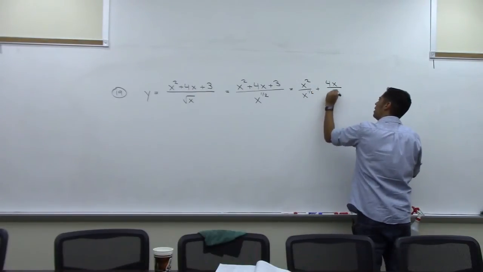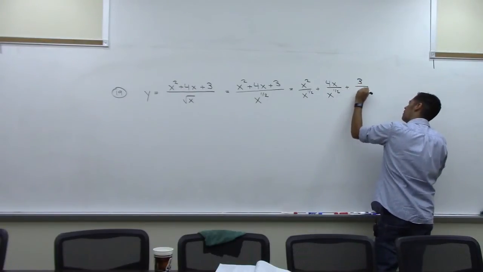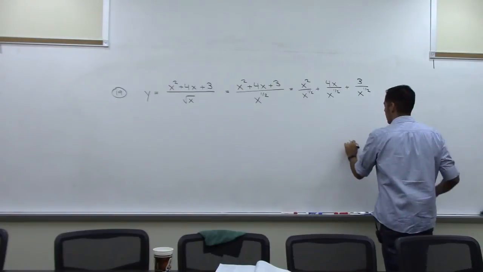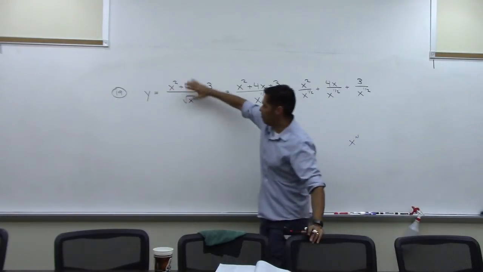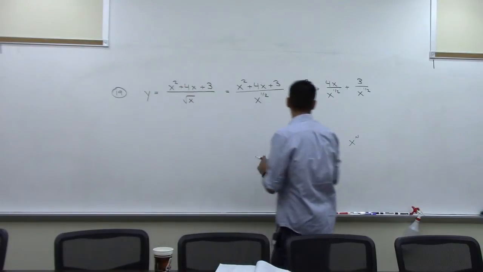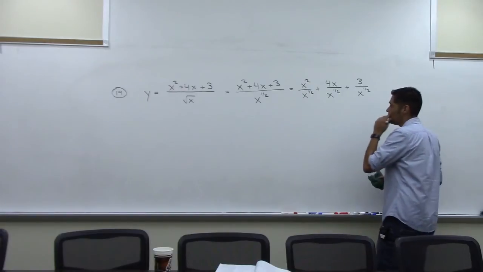Now, again, I'm not doing any of the calculus yet. I'm just doing algebra. Trying to get x to the n, right? I'm trying to get these x to the n, but without the big fraction. So all of these somehow need to be looked at as powers of x.